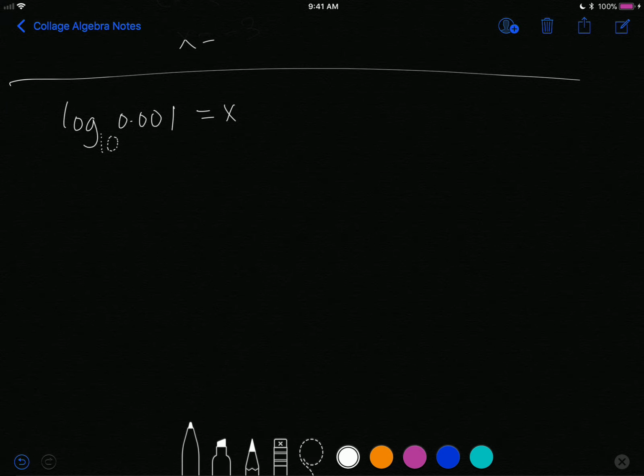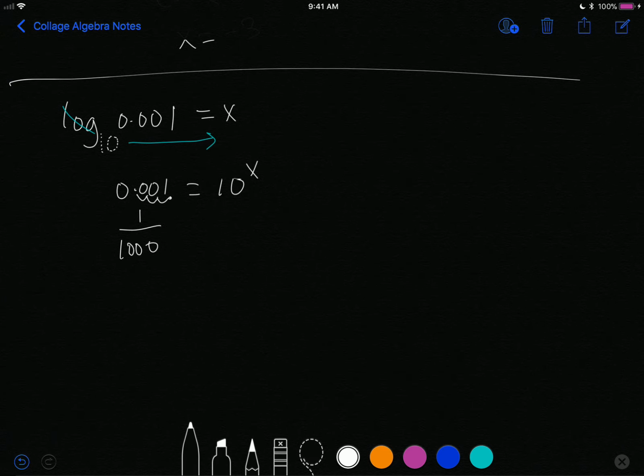So I drop the log, take the base to the other side, and I have 0.001 is equal to 10 to the x power. Well, 0.001, that right here is a fraction of 1 over 1,000, right? Or, even better yet, I have to move the decimal point 1, 2, 3 times.